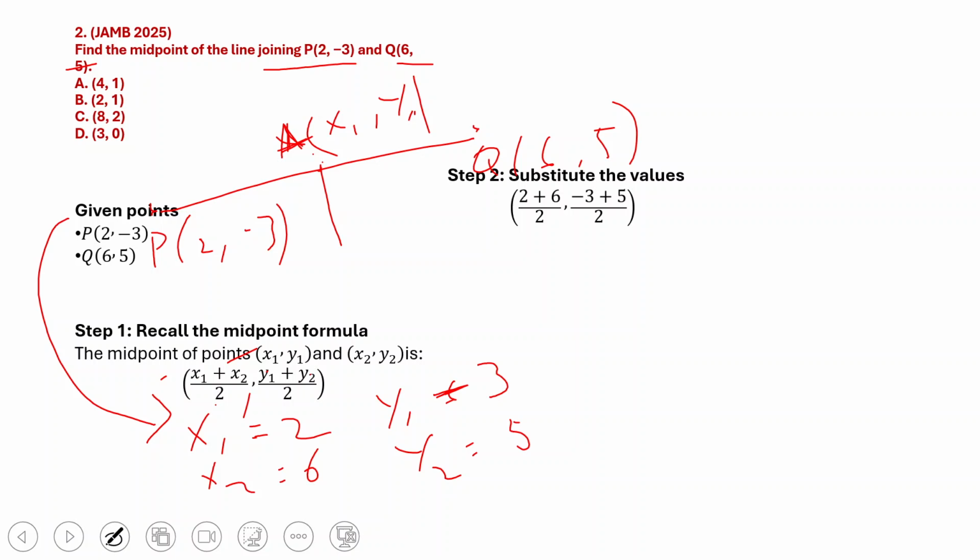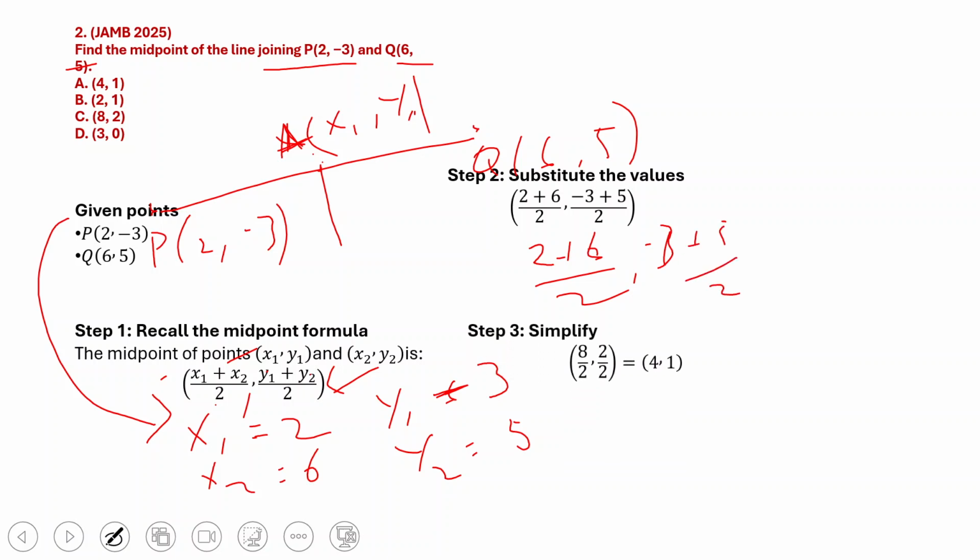So this will be substituted into this equation to get 2 plus 6 over 2, and minus 3 plus 5 over 2, just as it's written here.